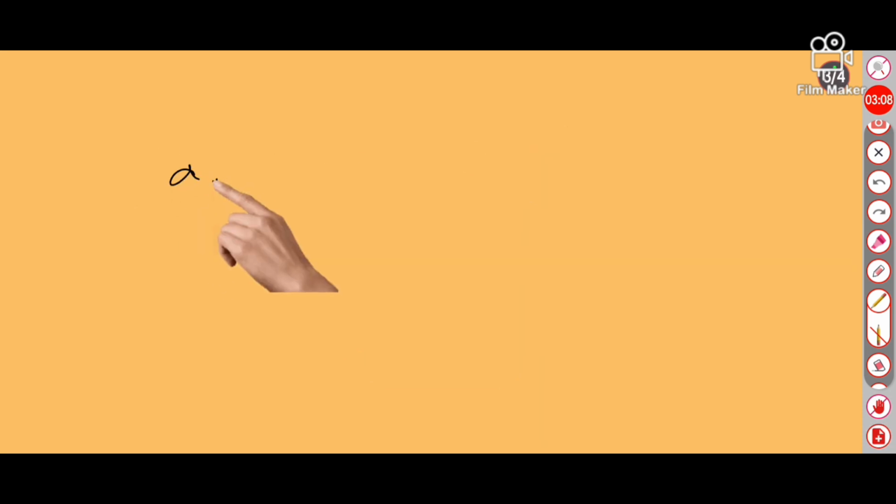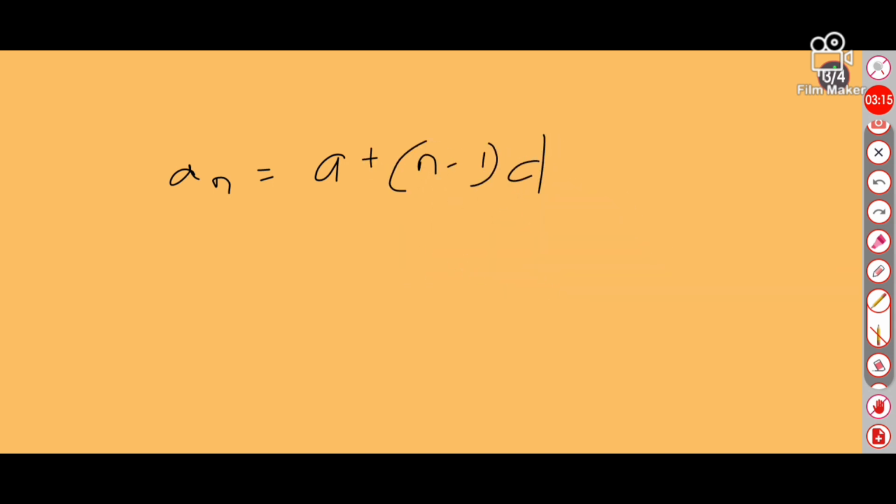Therefore, the formula an equals a plus n minus 1 into d. This formula repeats for all the sums. The only thing is you need to work out two to three steps with respect to the given question before coming to this formula. That's what the entire AP is about. 771 is the an value, and we need to find the value of n.